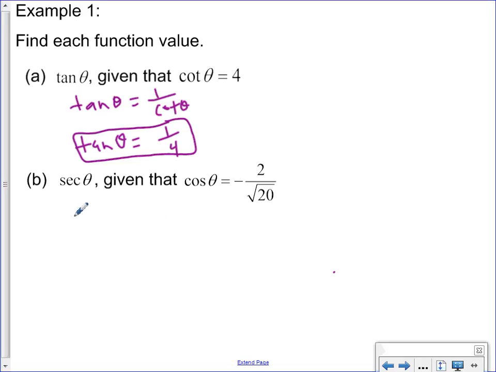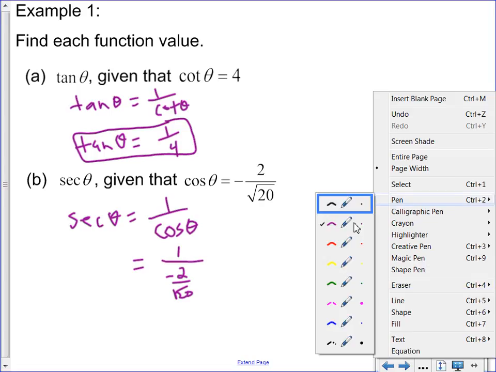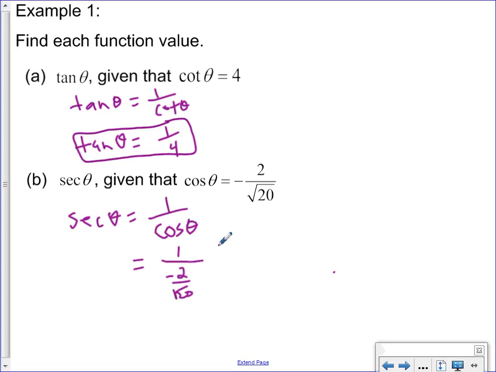If we use the property that secant of theta is 1 over cosine, that means secant is equal to 1 over negative 2 over root 20. Are you hungry for some chicken? Especially if you Kentucky chicken fry this thing.